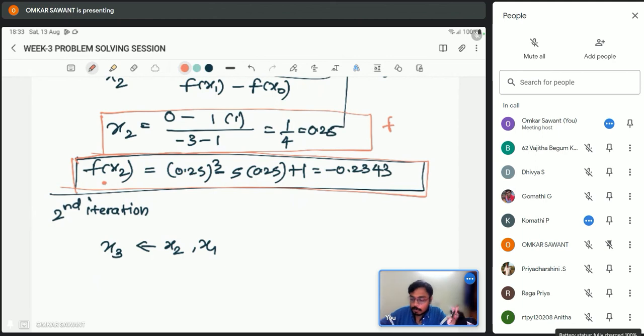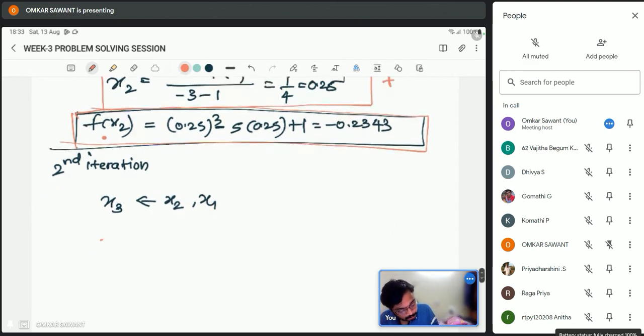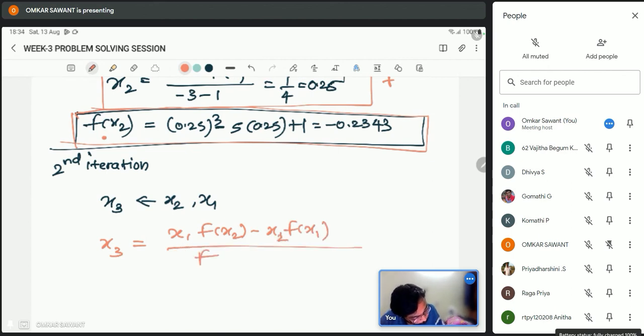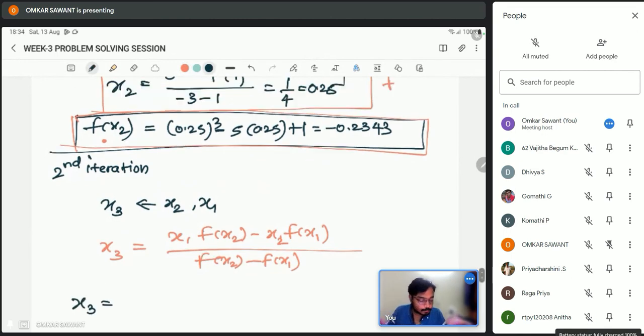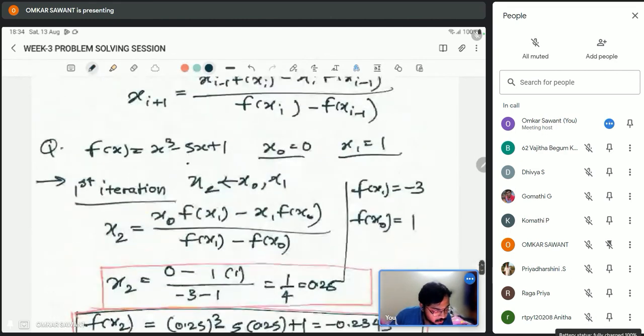Yes, sir. So for the next iteration we calculate x3. What is our x1? 1.